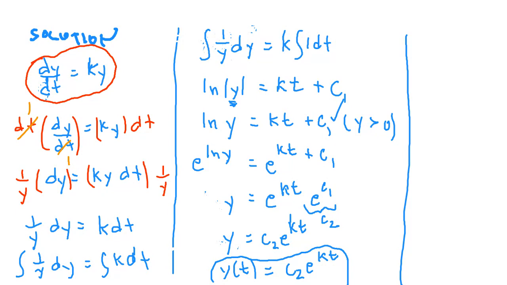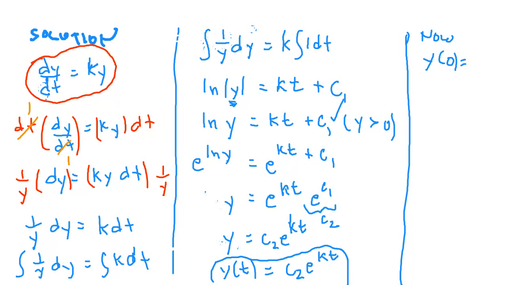We have a very specific E. coli strain here, so we need to figure out what these constants are, what C2 and k are. Well, remember initially at time 0, what's the population of E. coli? How many cells do we start with?